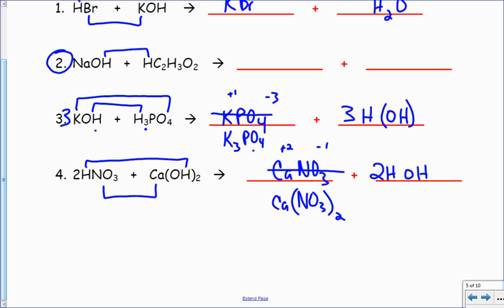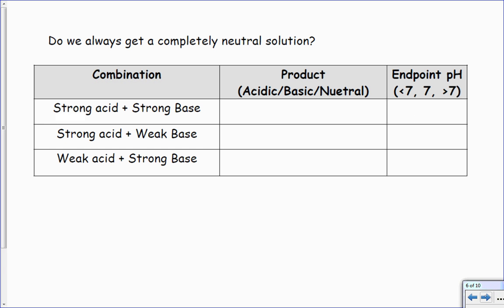And now I can recount: 1 calcium, 2 NO3s, 2 H's, 2 OH's. We are balanced. And I've made a salt and water. Okay, good. So let's remember that we can split that H2O up into HOH sometimes to make our balancing go a little easier.